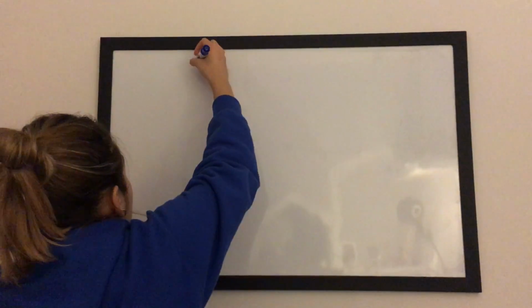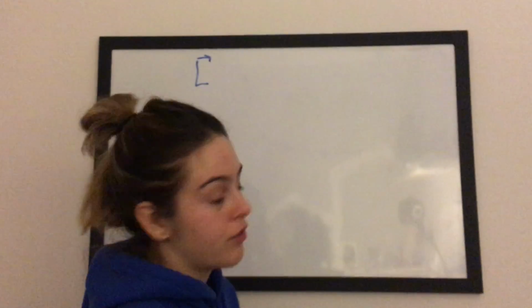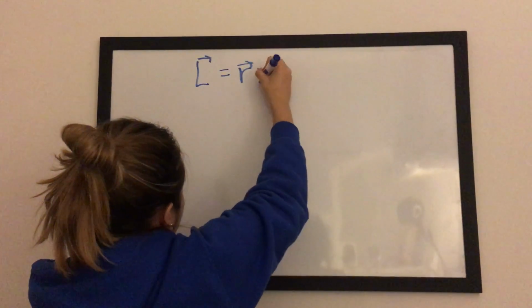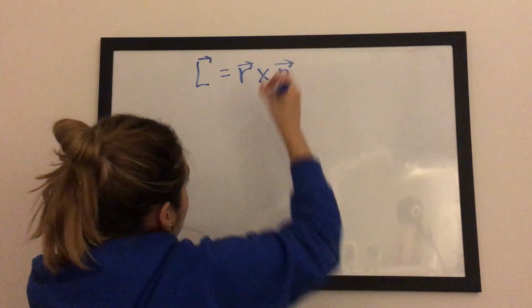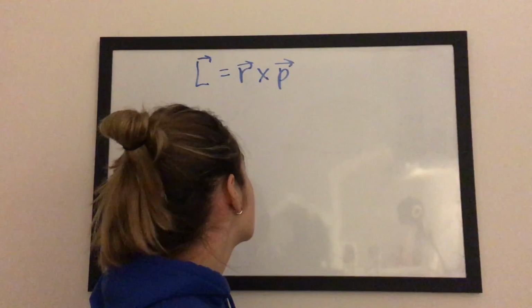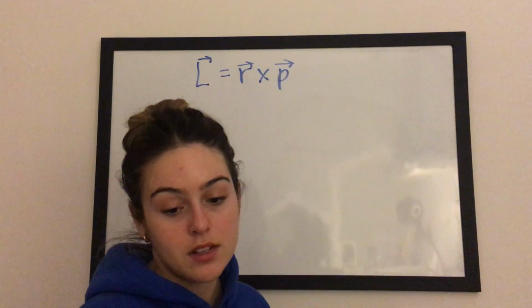So the symbol for angular momentum looks like this, and a common formula for it is the following: L equals r times p, where r is the radius or distance and p is the momentum.